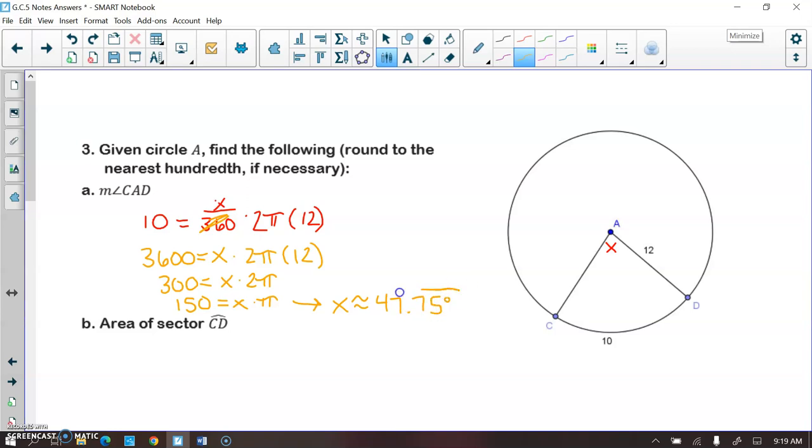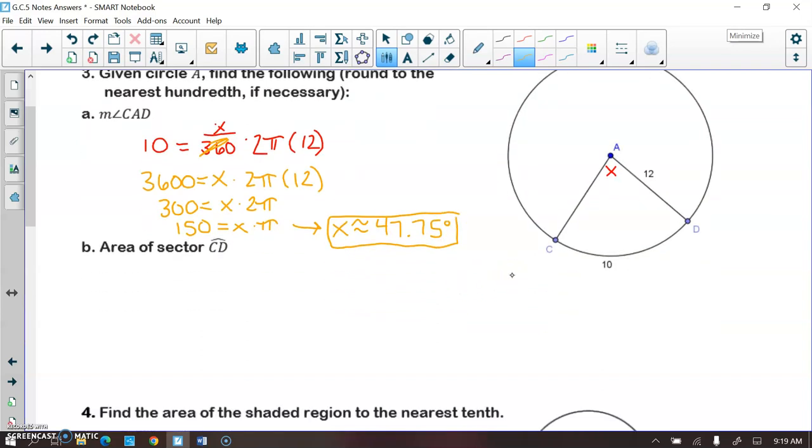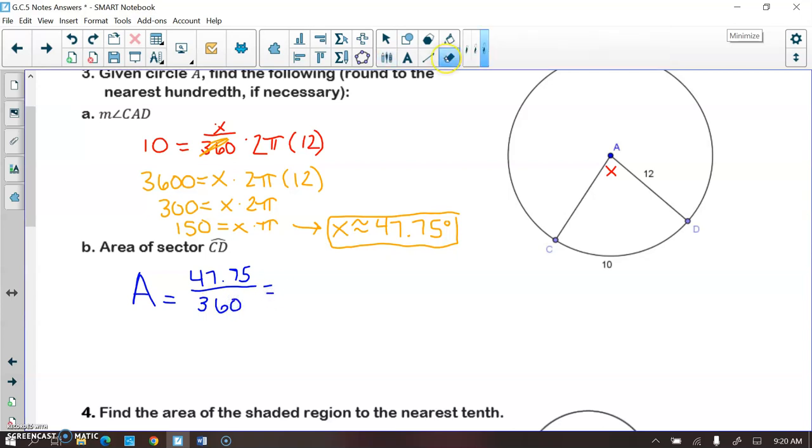degrees. Now they want us to find the area of the sector. So I'm going to use that 47.75 degrees. And since that's a rounded degrees, I cannot put this in exact format.